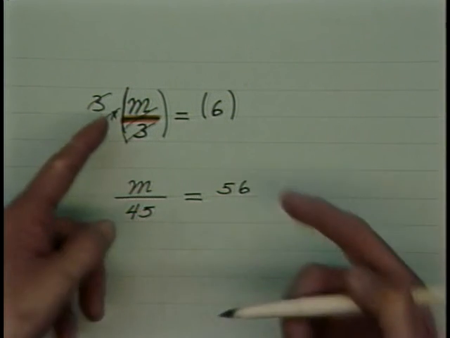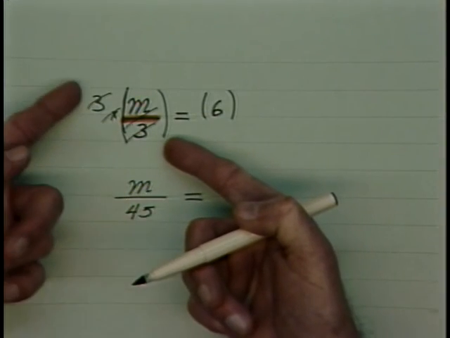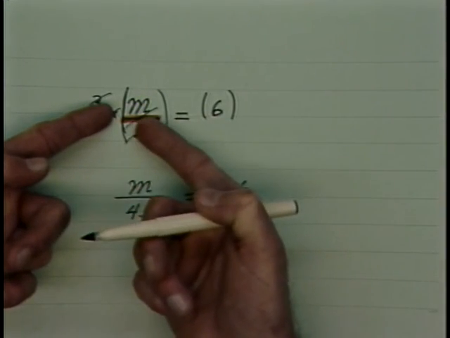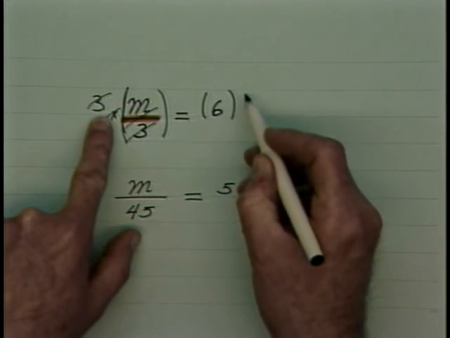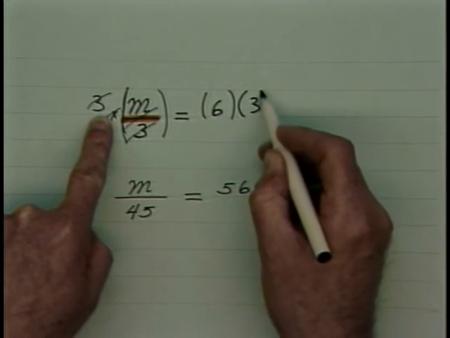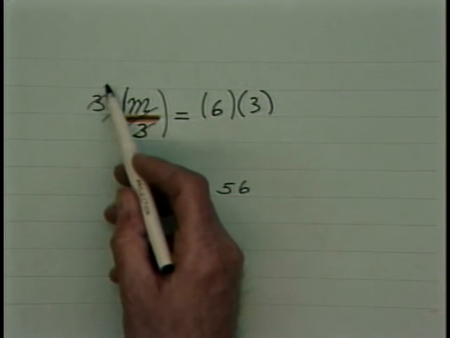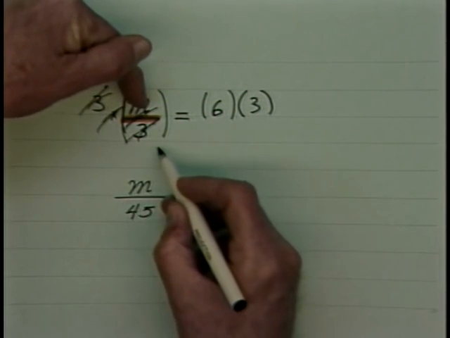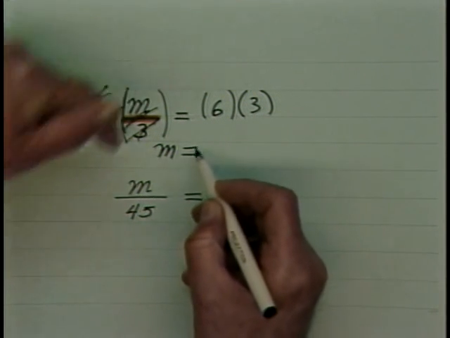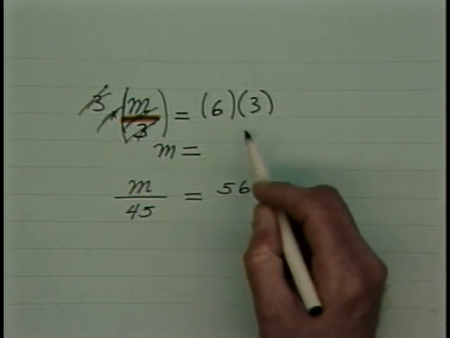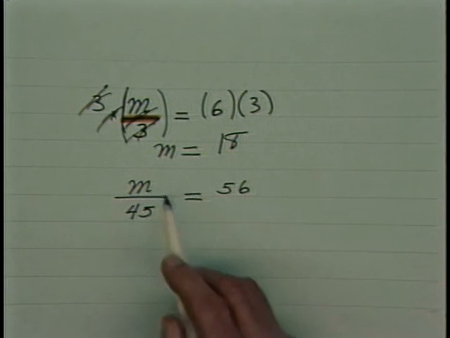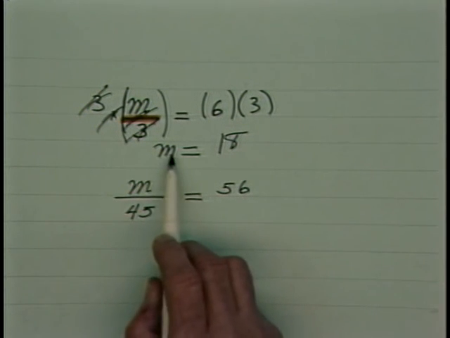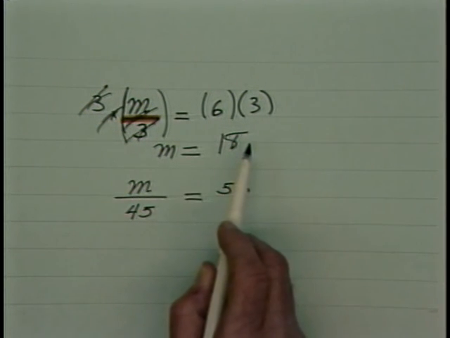So if I multiplied this member by 3 to undo that division by 3, then I must also multiply the other side by 3. So this undoes this, leaving me with my symbol for some number, and the other side is simply 18. So this says, look, your number called m is 18.